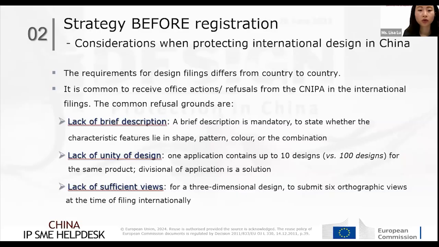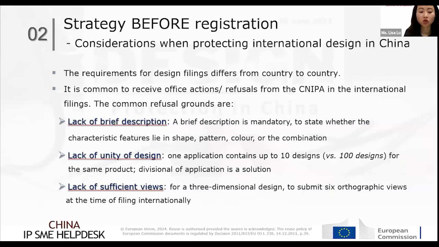So the requirements for design filing are different from country to country. And for China, there are certain very specific requirements. And I didn't expect all the businessmen or industrial design owners to remember all the details very well after our webinar.